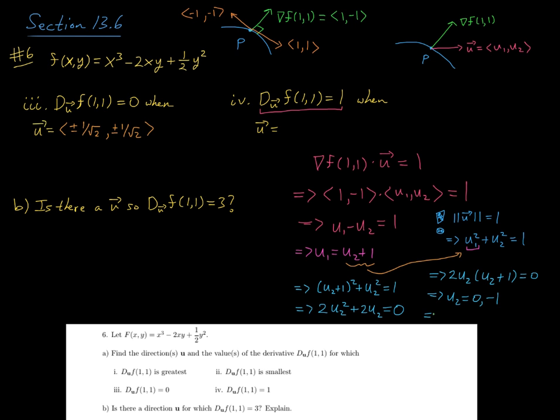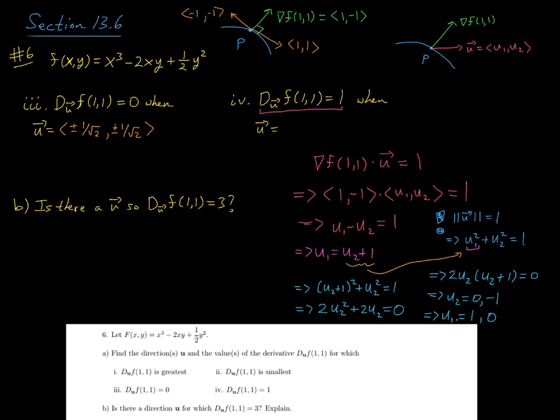And so then what can u1 equal? Well, if u2 was 0, then u1 would have to equal 1. And if u2 were -1, then u1 would be 0, okay? So when all is said and done, what are our direction vectors?